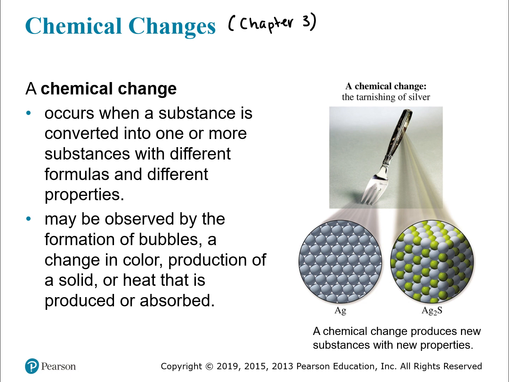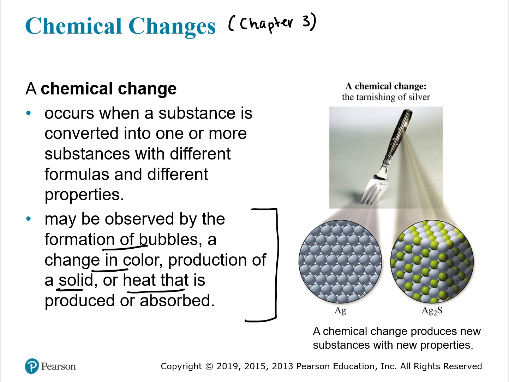A chemical change is when a substance is changed to another substance. It's got a different formula, different properties. There's several ways that you can observe a chemical change, and it may be by the formation of bubbles, change in color, you produce a solid when you didn't have one initially, or a change in heat.